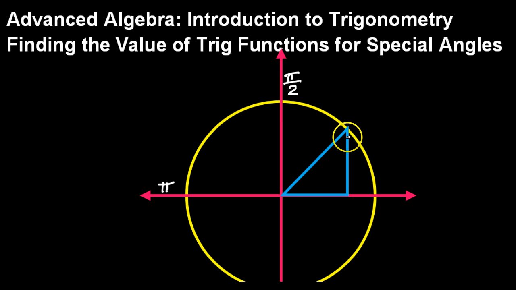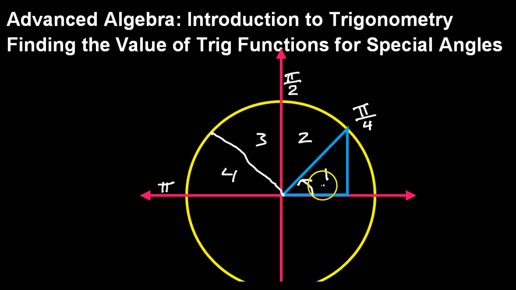Now, if I stopped right here at what we used to call 45 degrees, now we're going to call it pi over 4. This angle is pi over 4 because it is 1/4 of the way around. Or you could take this semicircle and look at it as being divided into 1, 2, 3, 4 pieces.